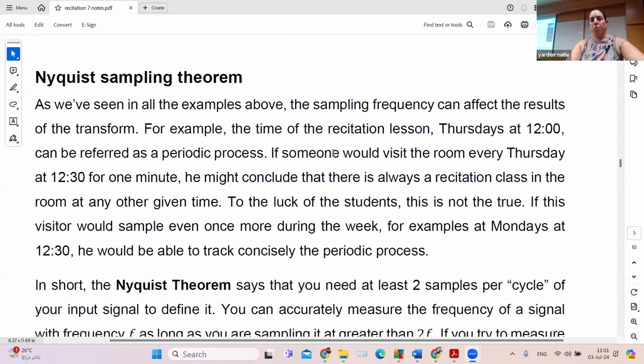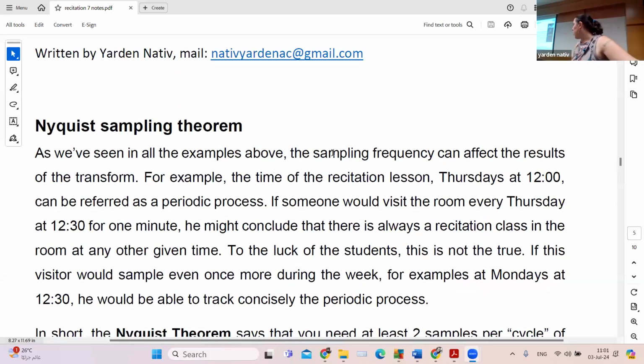Okay, so the next thing that I want to talk about, there are a lot of words written here, but I want to explain it to you. I want to take you back to your first project, when you were young and believed that this course would be easy for you. Maybe you remember that in project one, the first question asked you to plot a sine. Do you remember that?